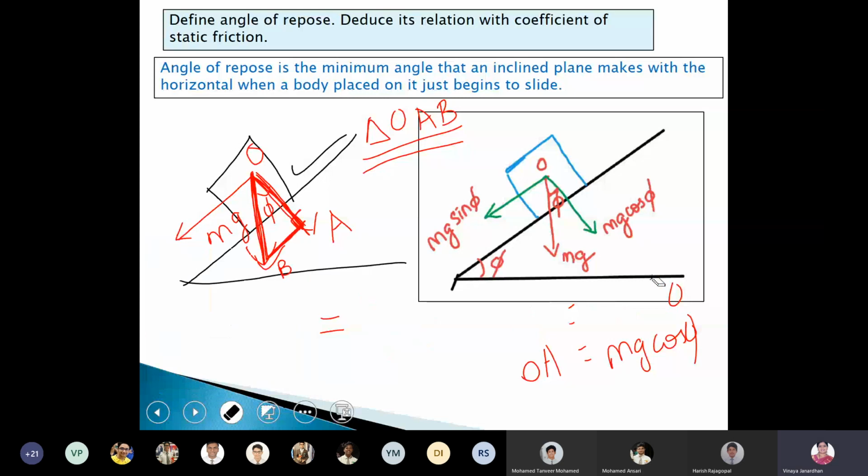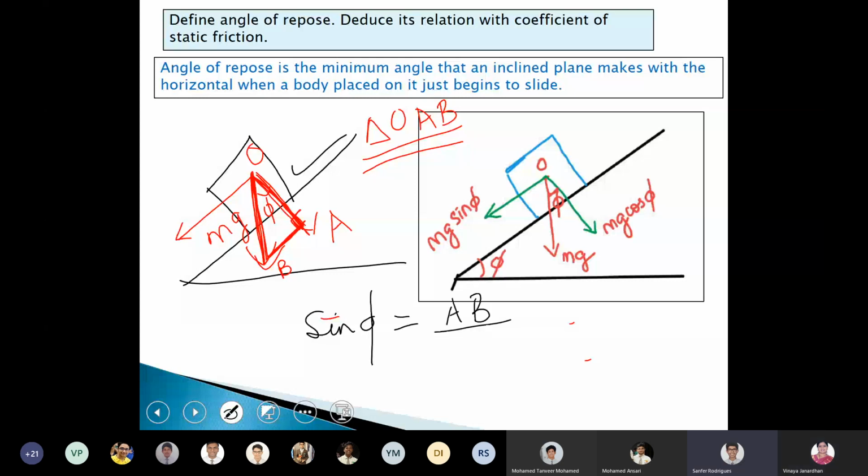Can someone tell me what is sin phi in this triangle OAB? Sin phi is the opposite side over the hypotenuse, so sin phi is AB divided by OB, which is mg.